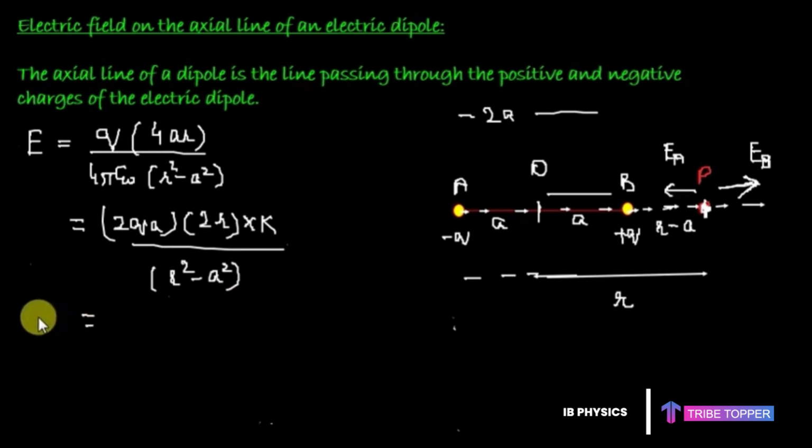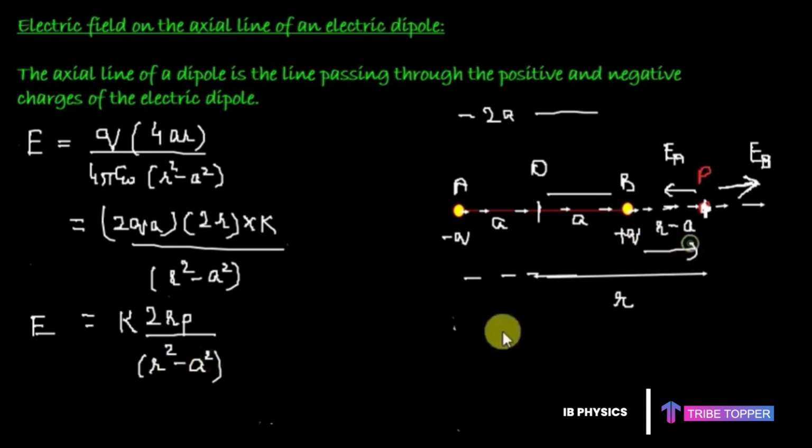Therefore the result I get is that E is equal to k times 2rp upon r square minus a square whole square, and the direction of this field is going to be along BP. So this is the field along BP. That's the net electric field on the axial line of a dipole.